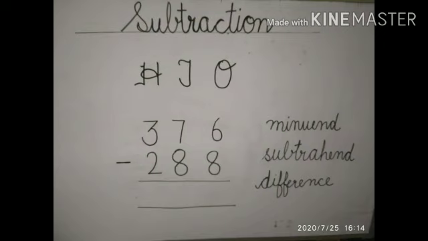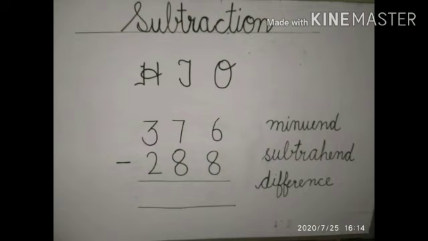Students, let's take one more example. Here the minuend is 376 and the subtrahend is 288, and we have to find the difference. So we will start from ones place. Here we have to subtract 8 from 6, but when we compare both numbers, 8 is greater than 6.